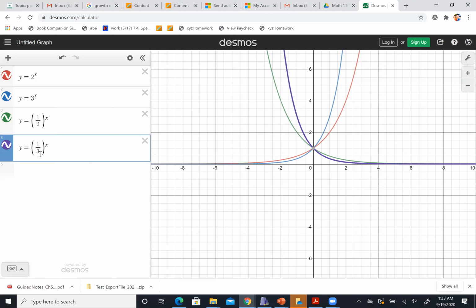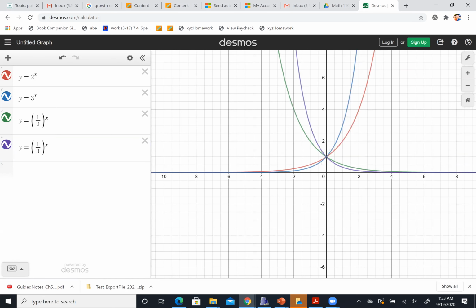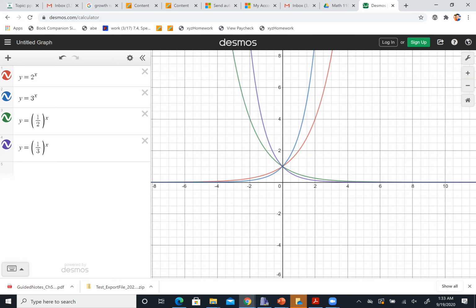So you can see that in here the first one, red, is y equal to 2^x, right? The blue one is y equal to 3^x.